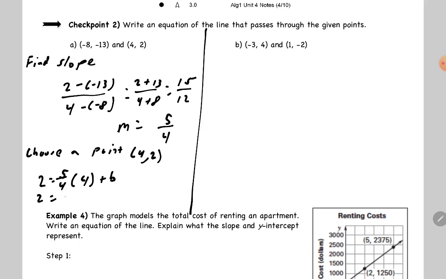So 2 equals 5 fourths times 4, which is 5, plus b. Subtract 5, and we'll get b equals negative 3. So we can finally write our equation: y equals 5 fourths x minus 3.